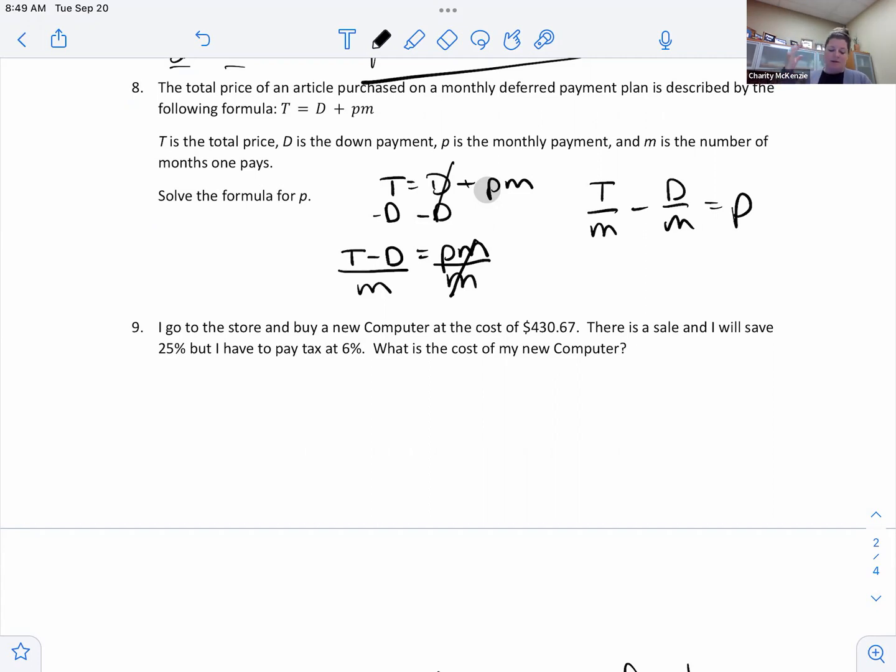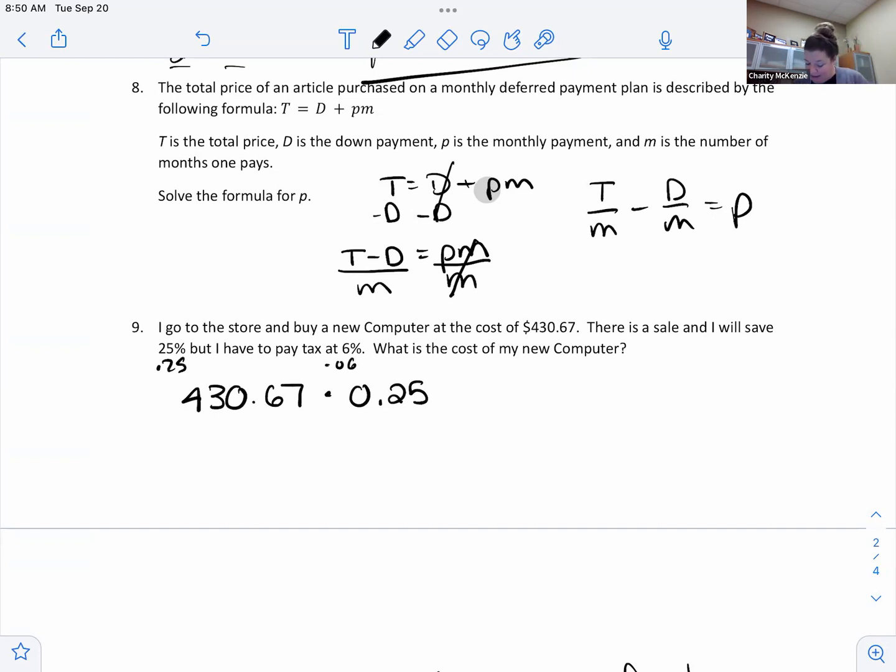Okay, but we're doing 25%. How would I do it officially to get an exact answer and not just guess it with my head and say, oh, about $20 more? I would take the $430.67 and I would times it by the decimal of 25%, right? 0.25, because this is 0.25 and this is 0.06, just so we know.